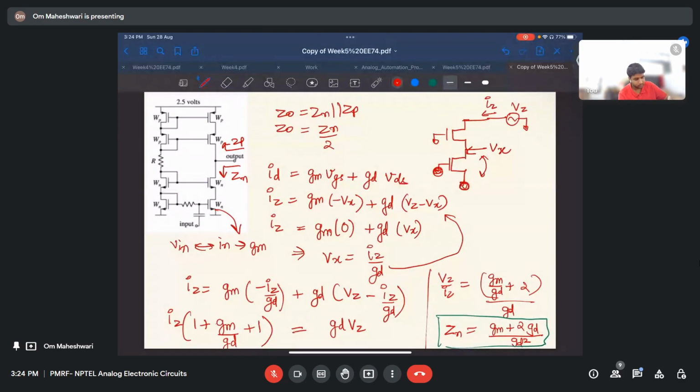Then after that, this I in is flowing through this branch, and here, let's suppose you have a load.